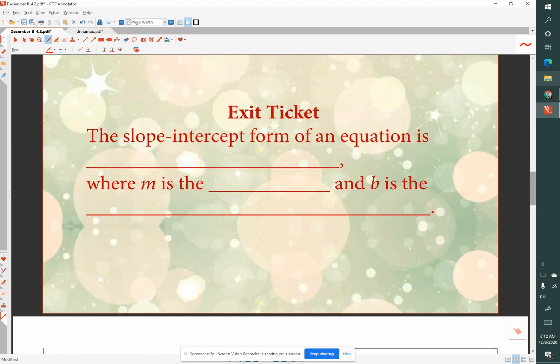So let's go back to our exit ticket. The slope-intercept form of an equation is y equals mx plus b, where m is the slope and b is the y-intercept.